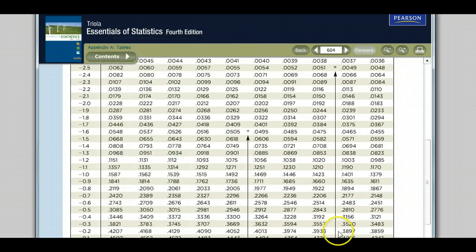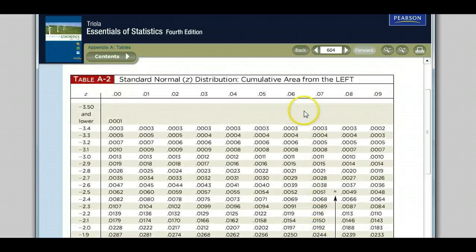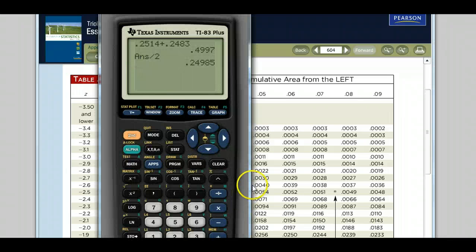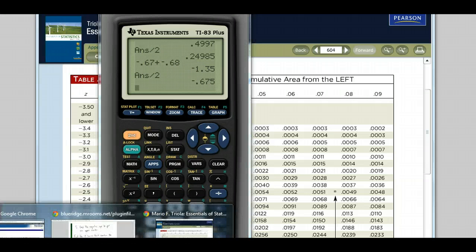So I would average then the two z-scores that correspond to this, which would be negative 0.67 and negative 0.68. So negative 0.67 plus negative 0.68 divided by 2, and it always just puts another number after that one. So negative 0.675.